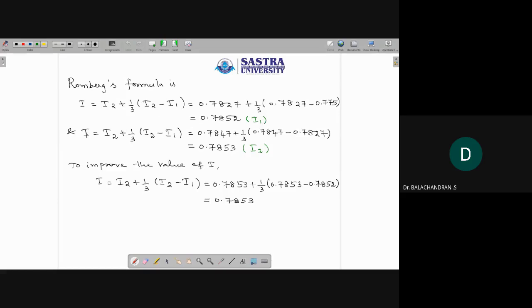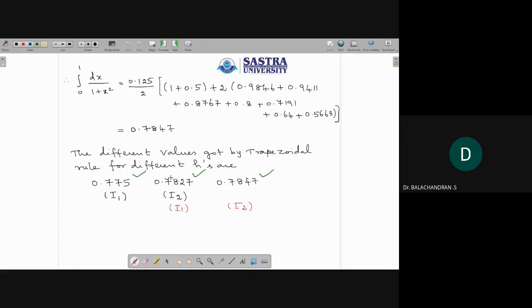Now again, I equal to I2 plus 1 by 3 into I2 minus I1, the same formula. But this time, this is I1 and this is I2. Last time you took this as I2, and now this time it is I1.